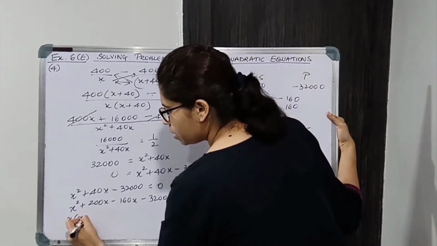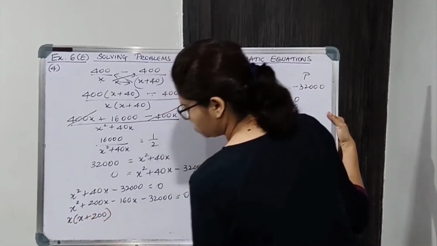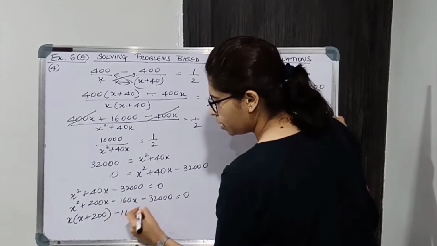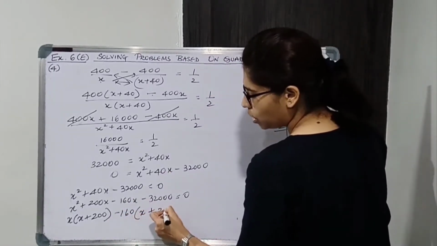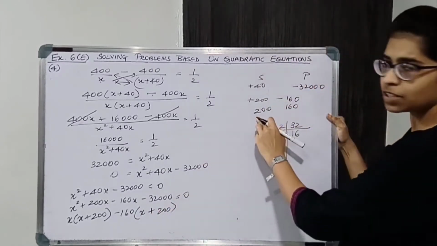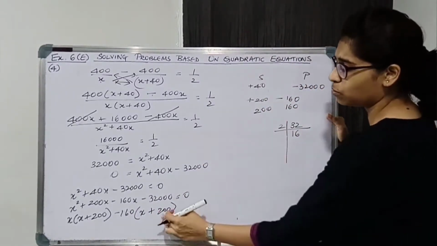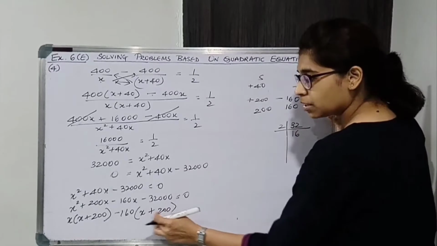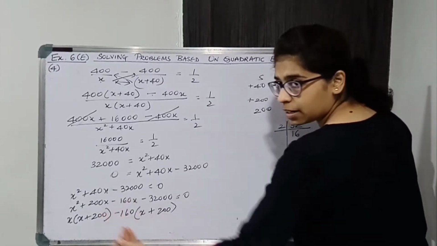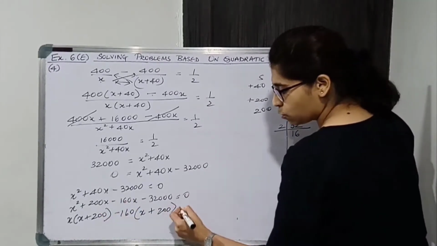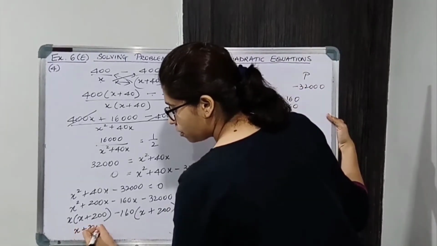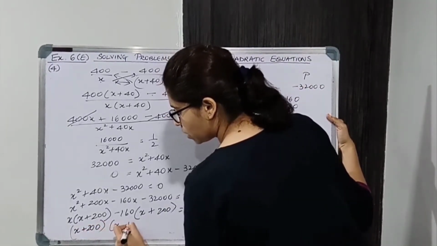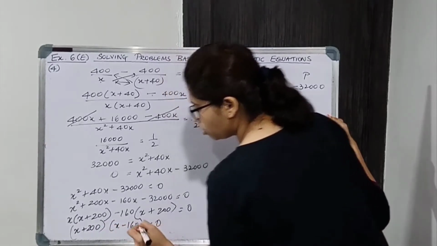Taking x common, x plus 200 बचेगा. You're taking minus 160 common. x plus 160 into 200, right? 160 into 200 will give 32,000. So 200 will remain in the bracket. Signs will change क्योंकि minus बाहर लिया है. Okay, so opposite sign हो जाएगा. So we'll get x plus 200 into x minus 160 is equal to 0.